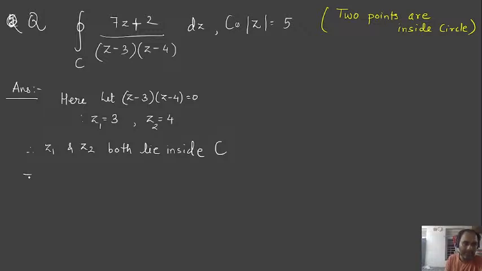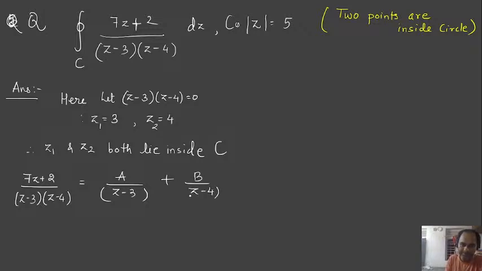So 7z plus 2, and now the factors over here you can see they are distinct. So how to handle that? Over (z minus 3)(z minus 4), we write a upon z minus 3 plus b upon z minus 4.